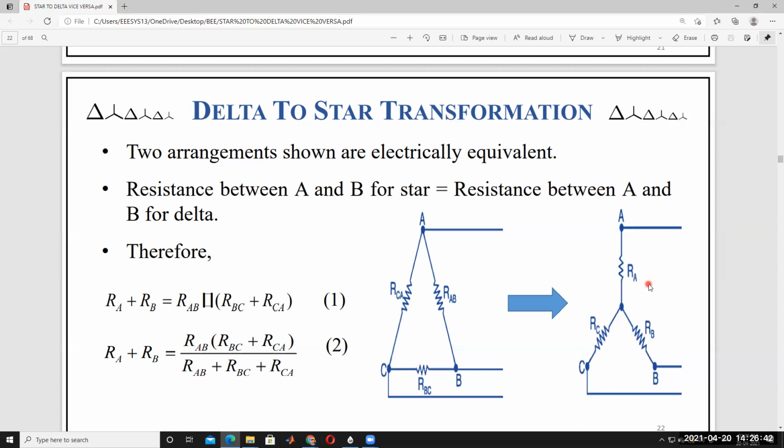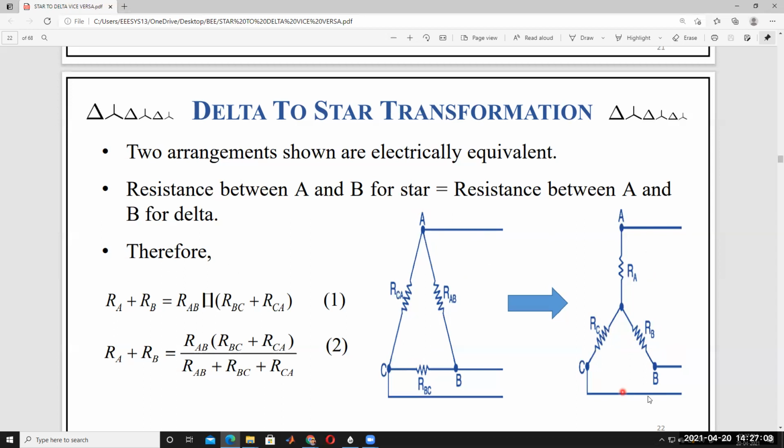Here RA and RB are in series, and the third resistor is of no use if we consider only the A and B terminals. So across the A and B terminals in the star connection, the resistance is RA plus RB, these two in series.